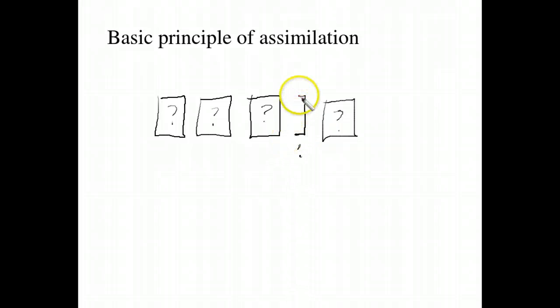But when the nun is directly next to another letter, what happens is that the nun will assimilate and it will become a dagesh inside that letter. So that nun will become a dagesh in the following letter.